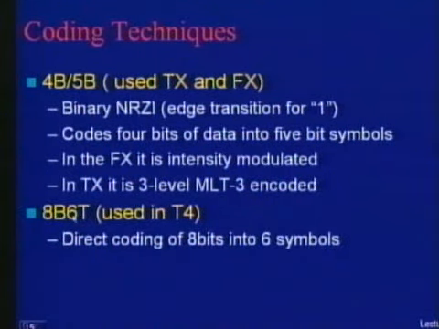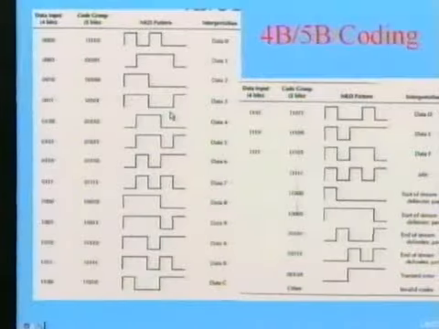T means ternary, 6 3-levels. 8 bits are coming in, 6 3-levels go out. Okay? So that's what they do. Let me just go down first to TX and FX, which are over 2 pairs of wires. This is 4B5B coding itself.